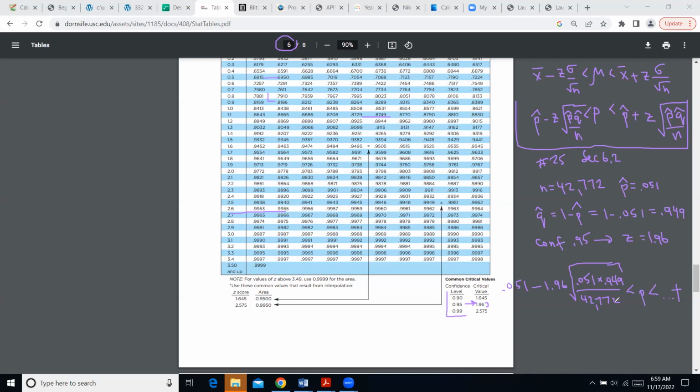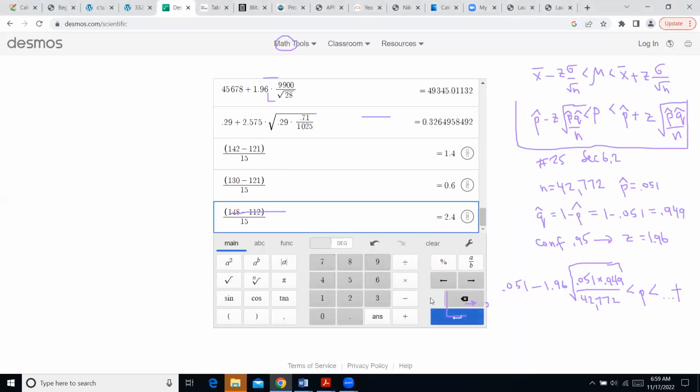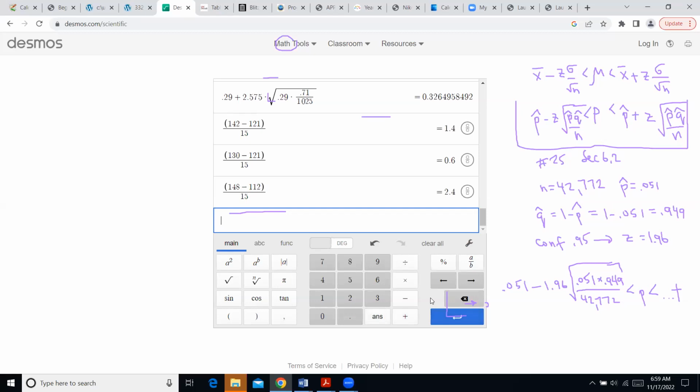So let us calculate. Let's use the calculator here. So let's see, 0.051, and we subtract 1.96 times this, multiplied by the big square root of 0.051 times 0.949, right?